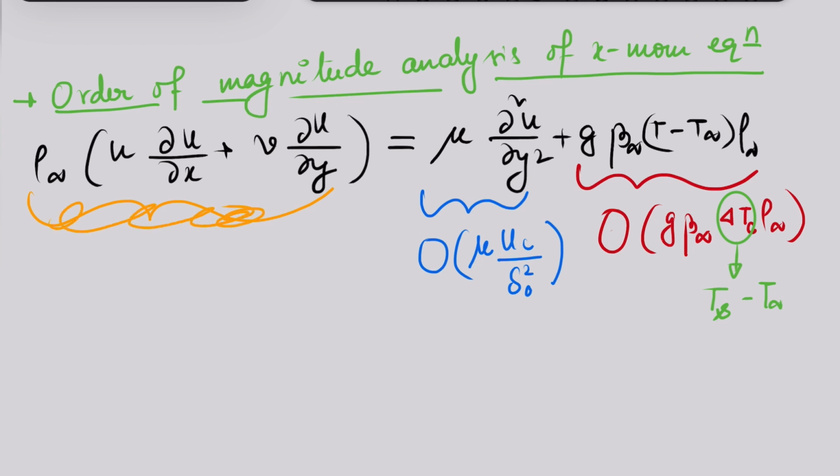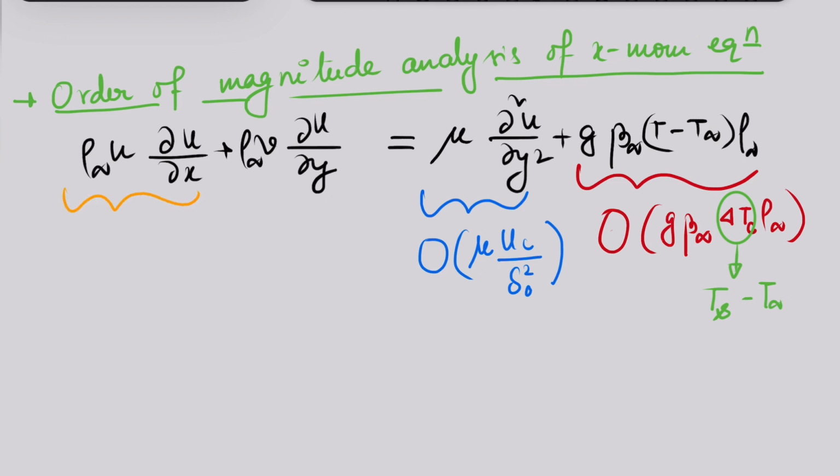Now let me do the analysis for the separate terms. Firstly I will multiply rho infinity with each term. So the first term will be of the order of rho infinity uc square by L, where xc is L, the length of the plate.